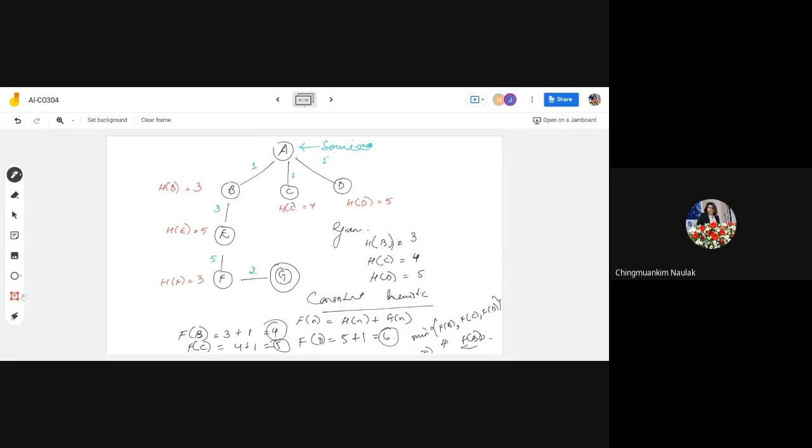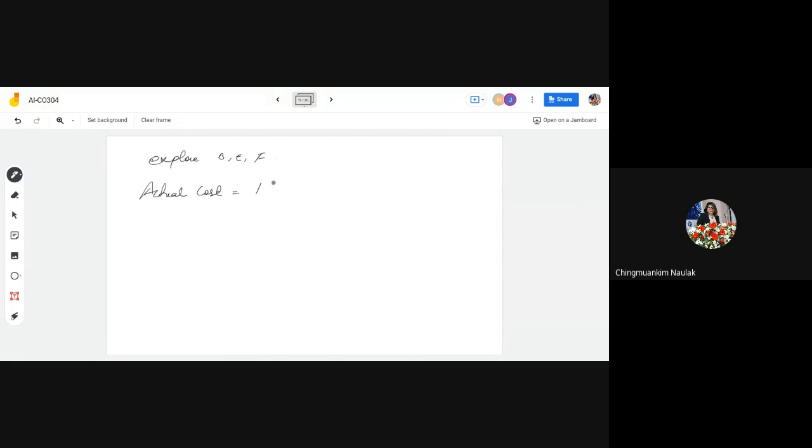We are considering this path now, so we are going to take the sum of the total cost of reaching from A to G, that is 1 plus 3 plus 5 plus 2. Actual cost is 11.